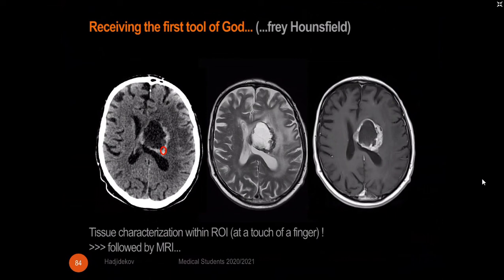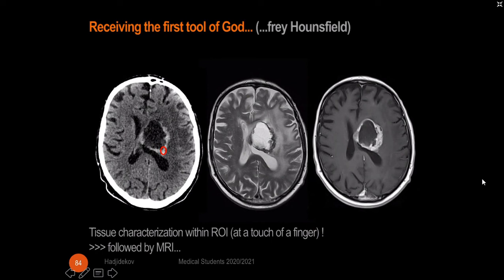The Hounsfield units are a very powerful tool because they give us tissue characterization within the selected region of interest. So with only one touch of a finger, we can measure the density here in the first image in the CT. We can see whether there is any contrast enhancement, whether this is a cystic lesion inside, and so on.